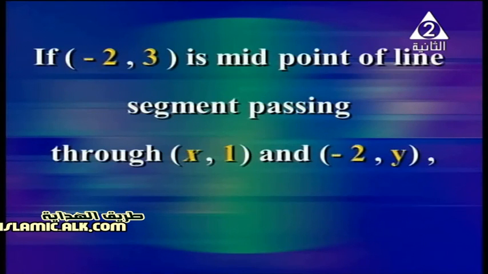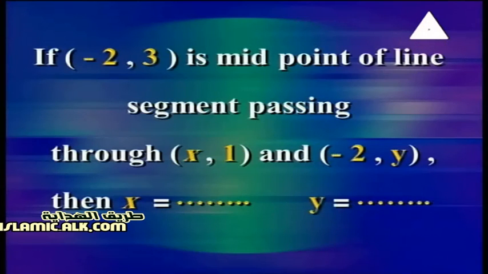If (-2, 3) is the midpoint of the line segment passing through (x, 1) and (-2, y), then x equals what and y equals what? First of all, you know that (-2, 3) is the midpoint, so we can use the rule of the midpoint, which says that the midpoint will be ((x1 plus x2) over 2, (y1 plus y2) over 2).